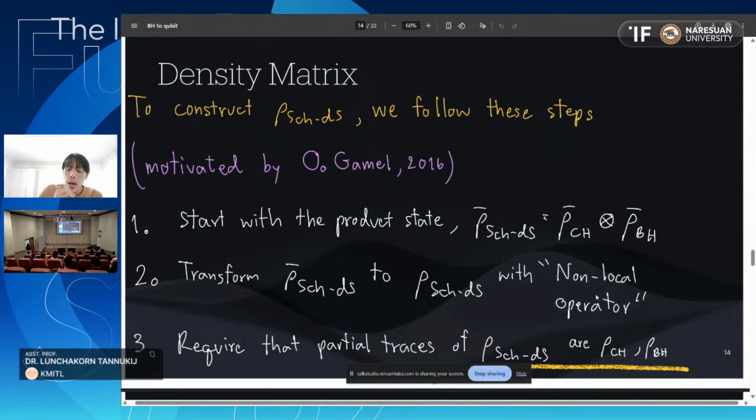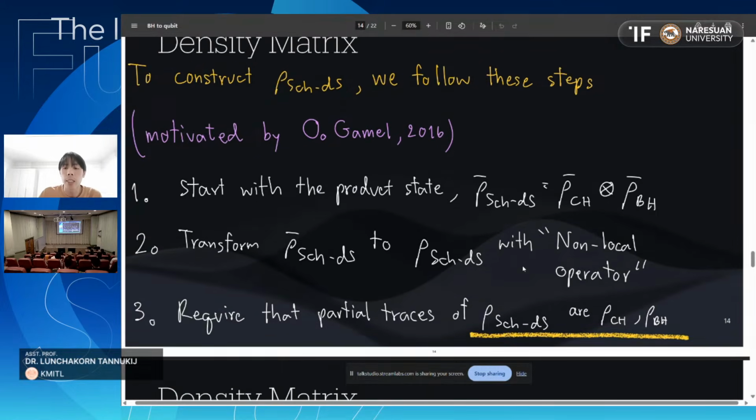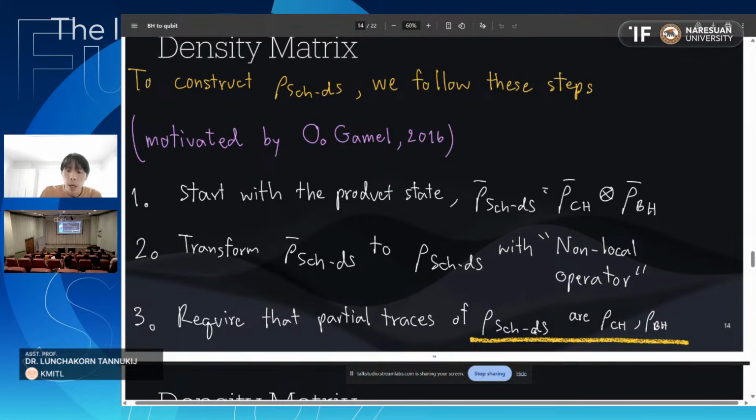So now, how can we choose? Of course, we can choose such that when we transform it, we still require that the partial traces of the transformed density matrix must return the smaller density matrices. Now you can see that I have a bar on my density matrices right here.